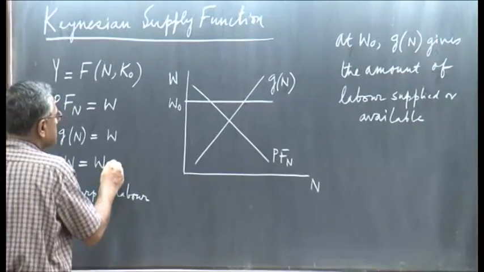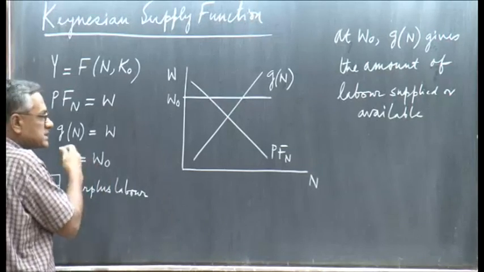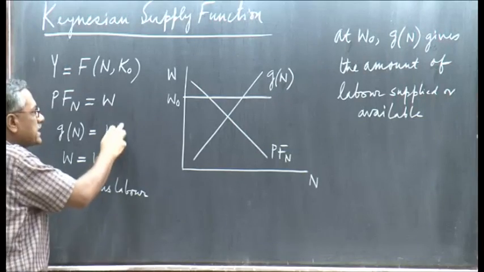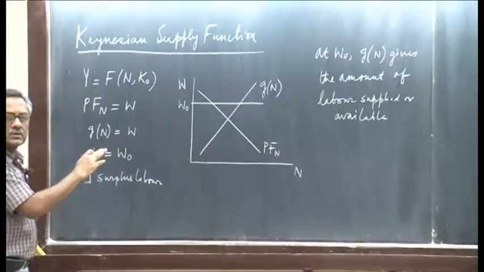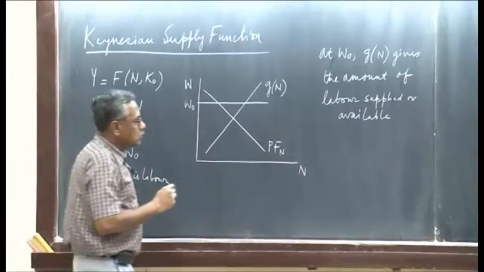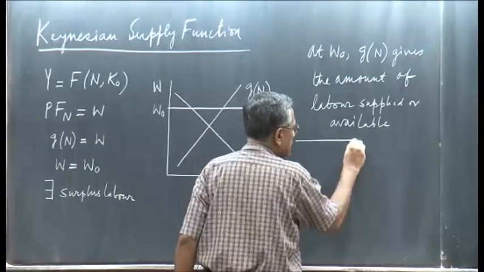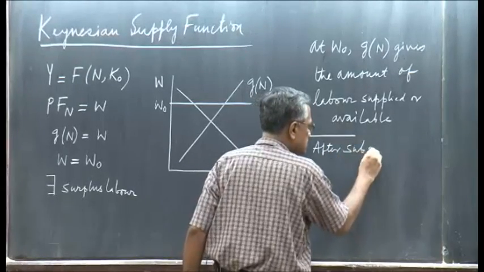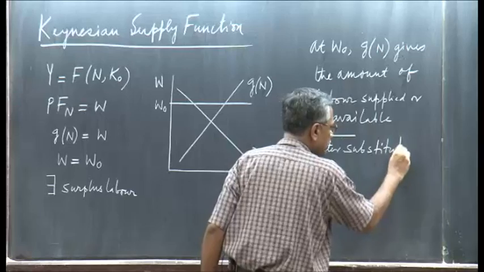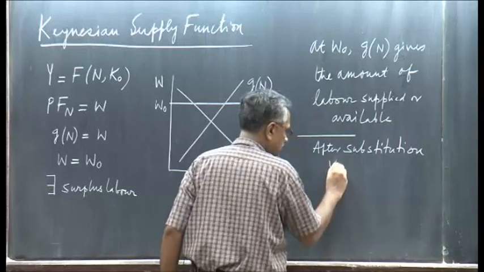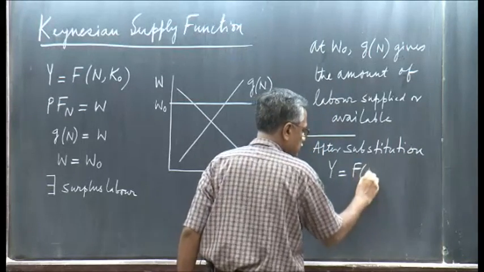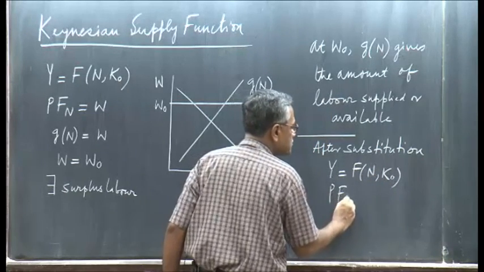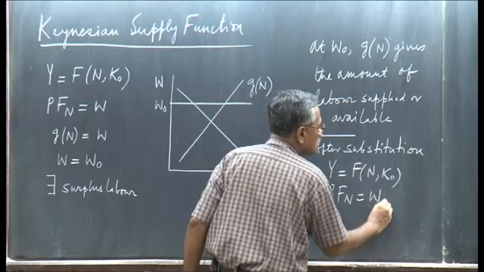Second point, this W is equal to W naught equation can be removed by putting a W naught value here and a W naught value there, substituting it. So, after substitution and the assumptions, what we now have is the production function, and the labor demand function equal to W naught.